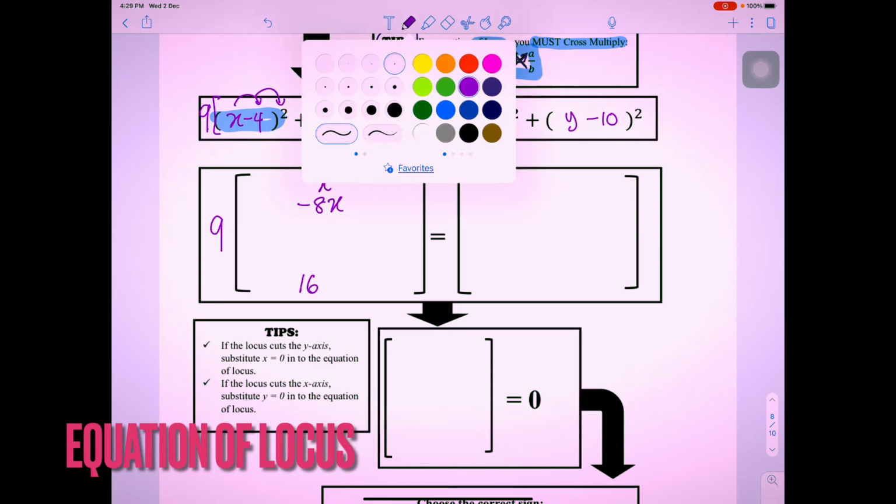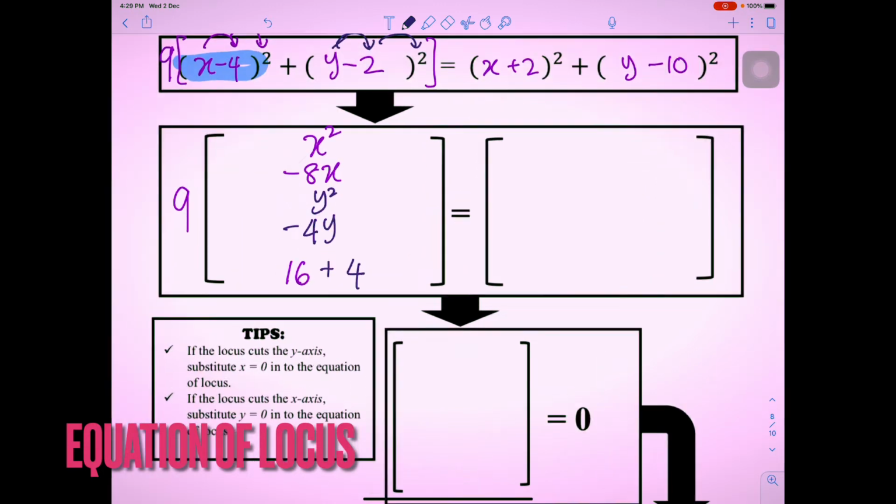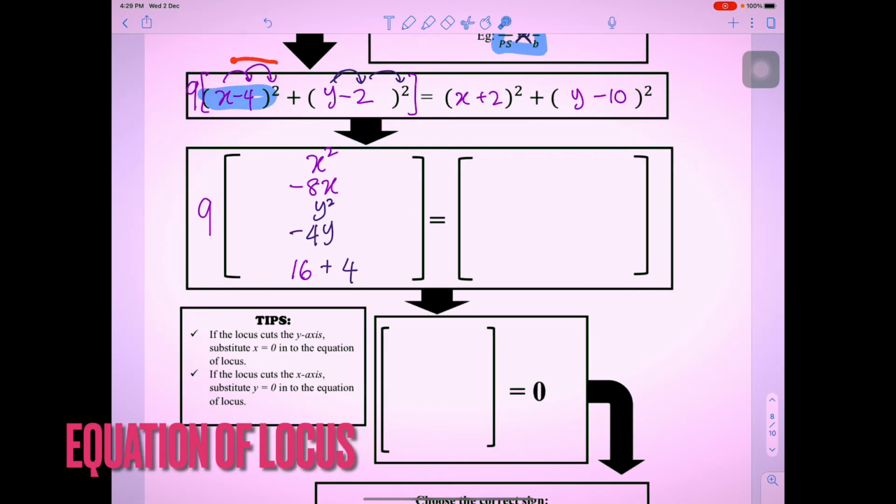For (y minus 2) squared, expand to get y squared, then -2 times 2 gives -4y, and the constant plus 4. This is how you expand the first bracket.